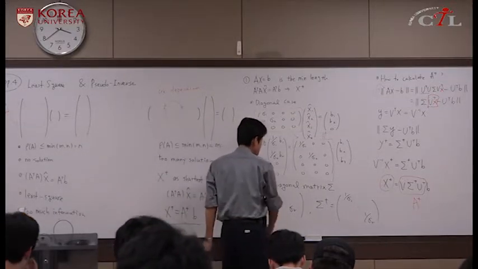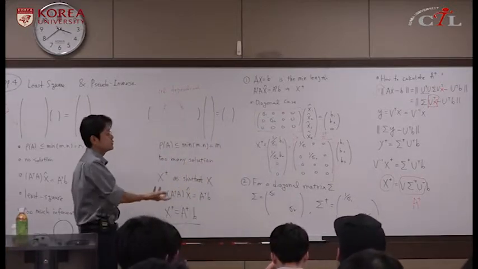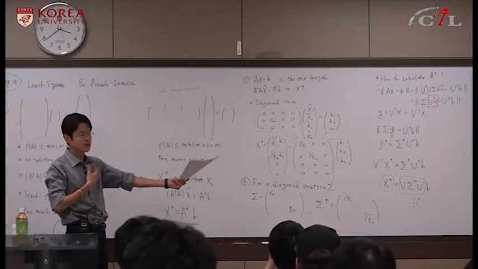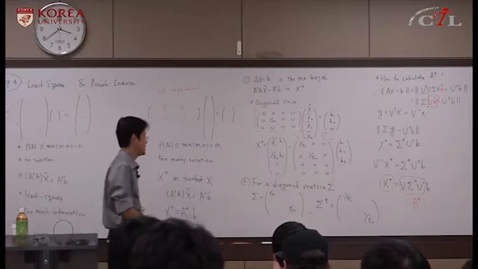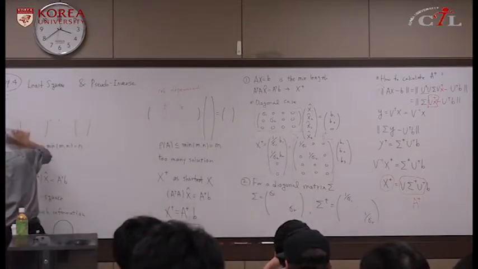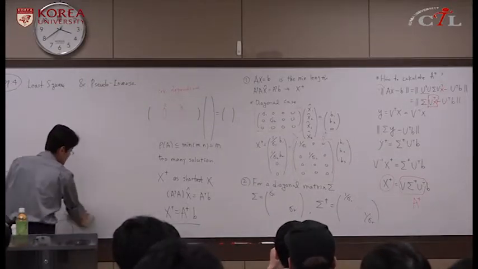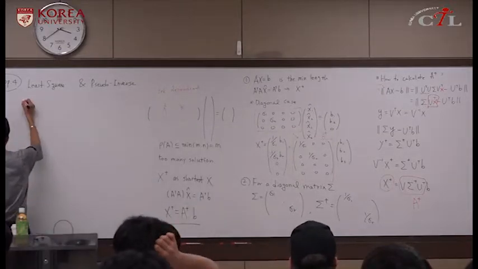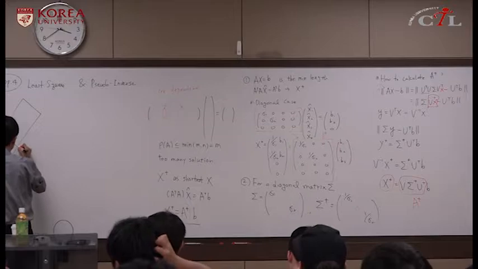Now, let's say that this pseudo-inverse reverts the four fundamental subspaces diagram. The original four fundamental subspaces were drawn from the row space to the column space.